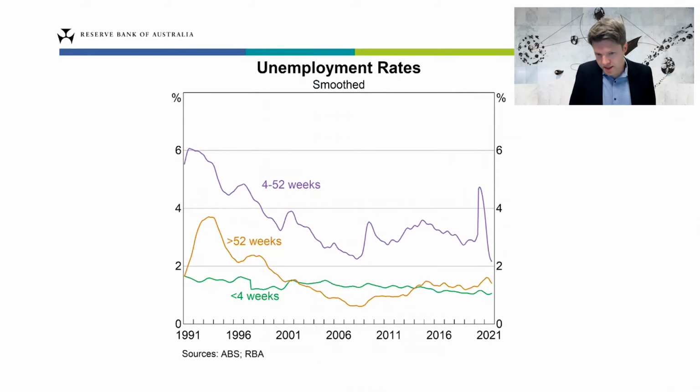In this graph, that's the share of the workforce who are unemployed for less than 4 weeks. And it's reasonable to think that the short-term unemployment rate is very close to the concept of frictional unemployment. What you can see on the graph, if you squint hard enough, is that short-term unemployment has gradually fallen since the mid-90s. And this suggests that part of the reason why the NAIRU has declined is because frictional unemployment has declined.